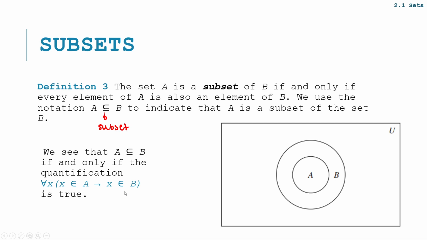Therefore, A can only be a subset of B if all the elements of A are in the set B, or are elements of set B.